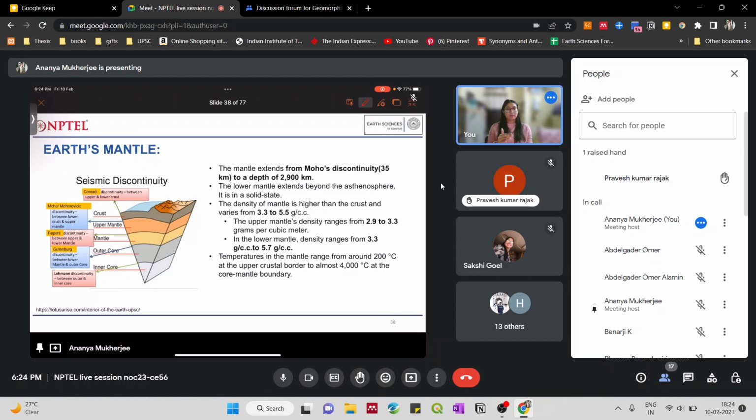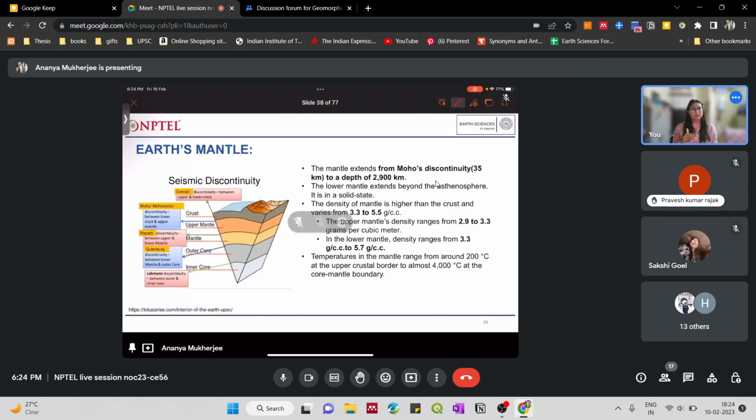It is also due to the presence of some amount of water in the chemical composition of the asthenosphere. There are fluids like water in molecular form, present along with the other elements that make up the asthenosphere.